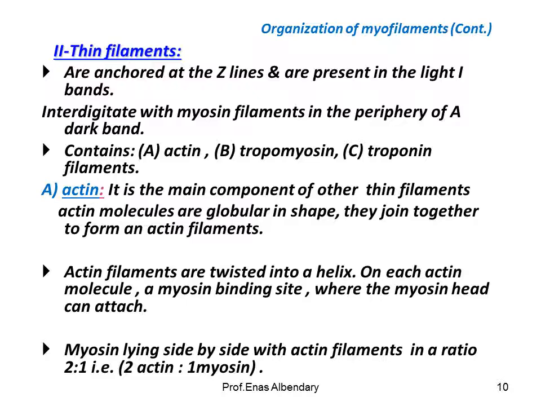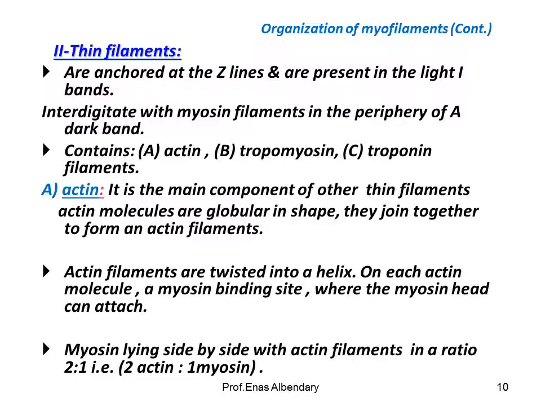On each actin molecule there is a myosin binding site where the myosin head can attach. So on each actin molecule, which is globular in shape like a ball, there are myosin binding sites, a place where the myosin head can attach to this actin molecule.